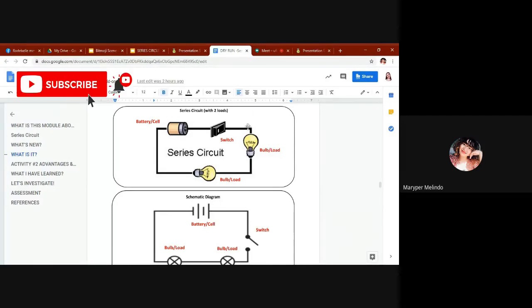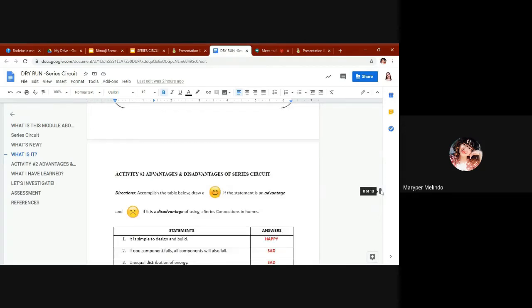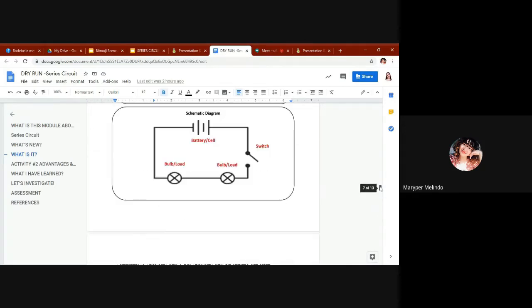So dito makikita nyo, we have the wire and then the 2 bulbs, the battery and also the switch. Dito naman, ganun ulit, pero ang difference ay naka-schematic diagram na tayo. Very good. So, for those people who got it correctly, 5 thumbs up. And for those people who are not, don't worry, mamaya pwede tayong magkaroon ng one-on-one session later.